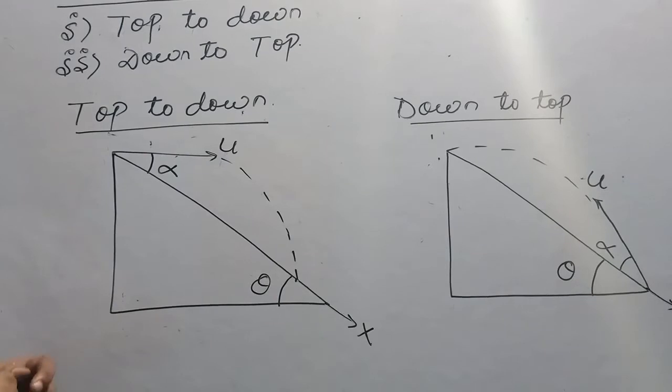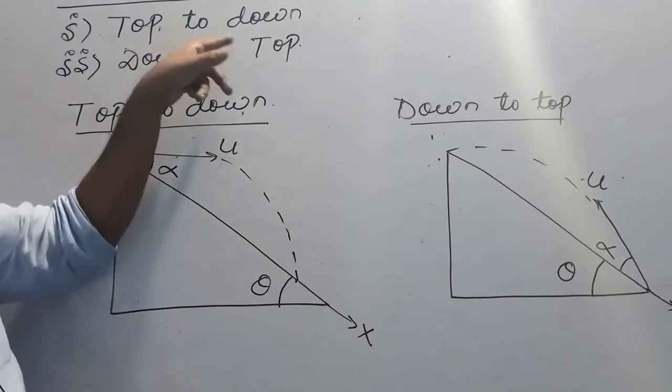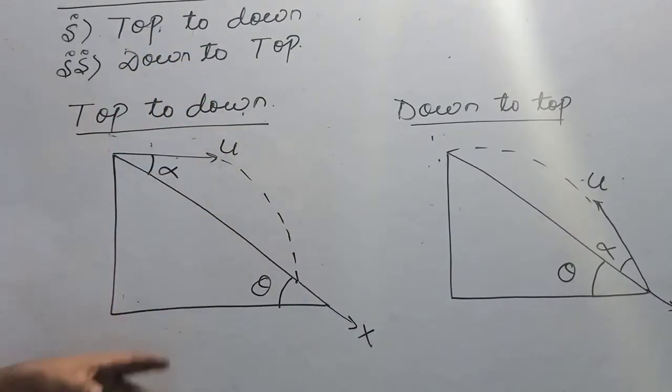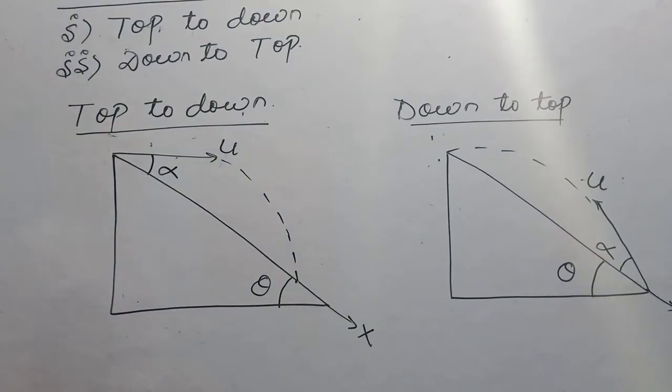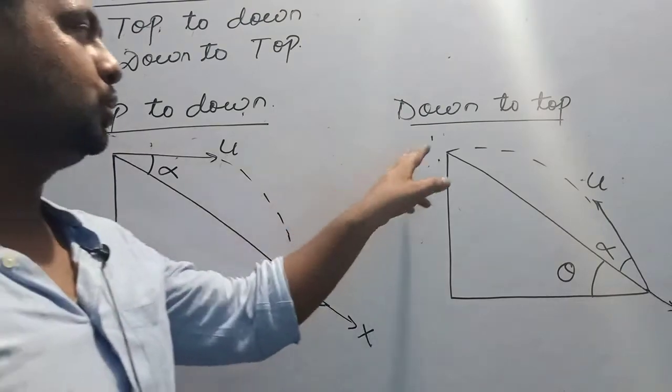If either top to down or down to top concept is clear, then the other concept will become very easy for you to understand. So I am going to start with down to top motion.